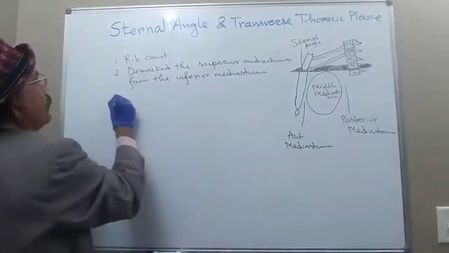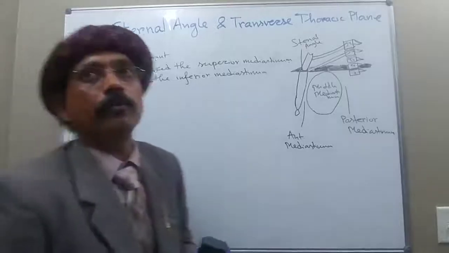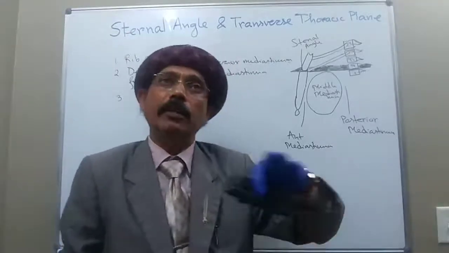So the importance of the transverse thoracic plane: rib count and demarcation of the mediastinum.